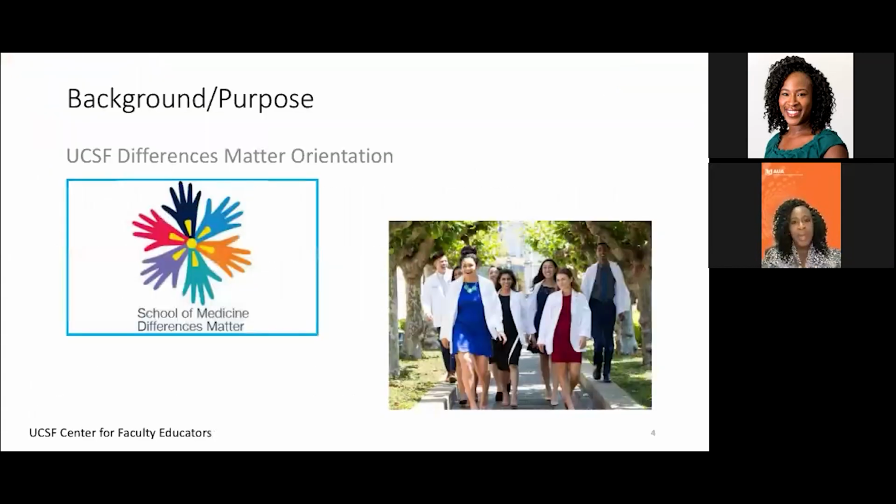A little bit of background about the journey into the diversity curriculum: when I started at UCSF, I also started as a Bridges coach, which is a high intensive teaching position at UCSF for the School of Medicine. In this role, I was able to be part of the Differences Matter orientation that medical students receive within their first week.